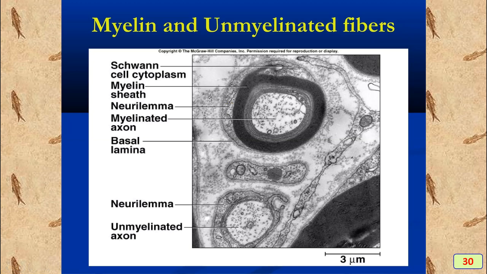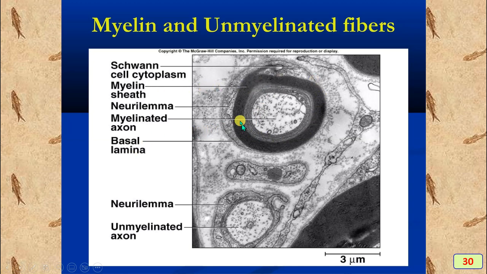Then myelinated and unmyelinated fibers. Some nerve fibers are myelinated, some are unmyelinated. Unmyelinated fibers have the neurilemma cells with the unmyelinated axon present, and myelinated means an external structure is also present.